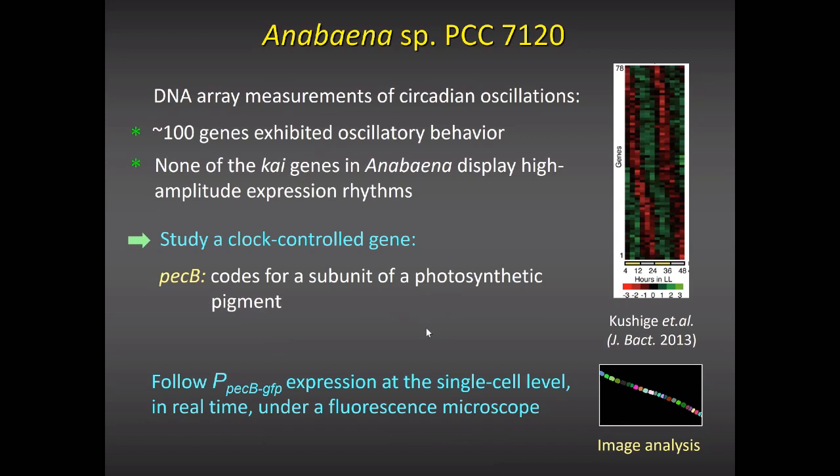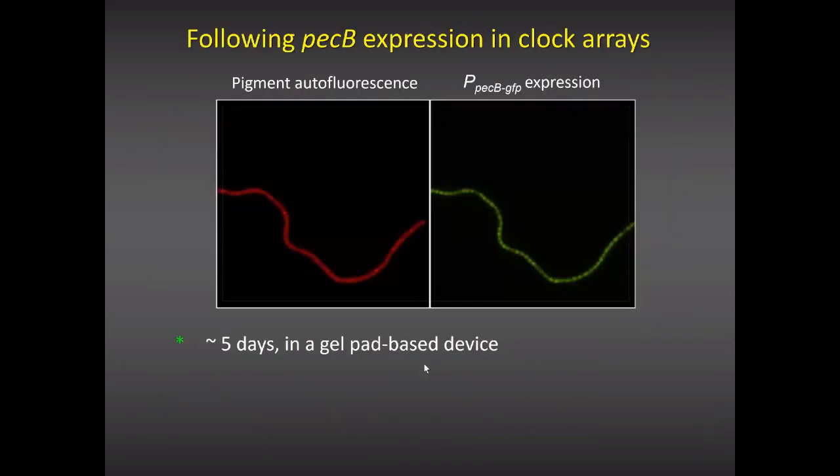We also have phase contrast images. We segmented the cells and measured the mean fluorescence intensities of each individual cell along the filament. So having this strain, we took movies.